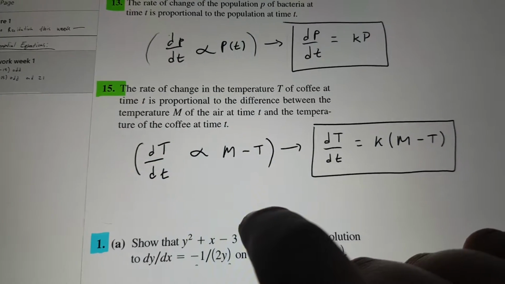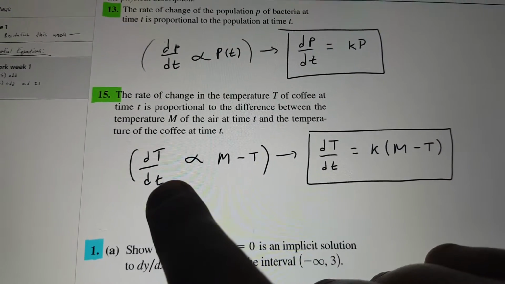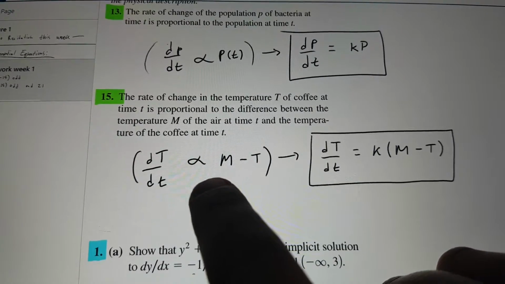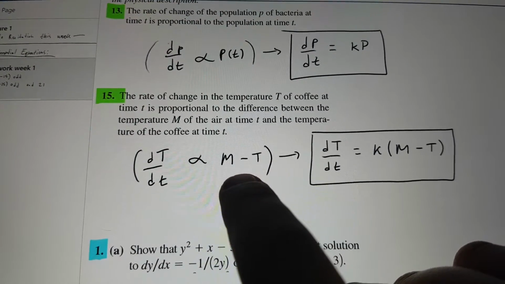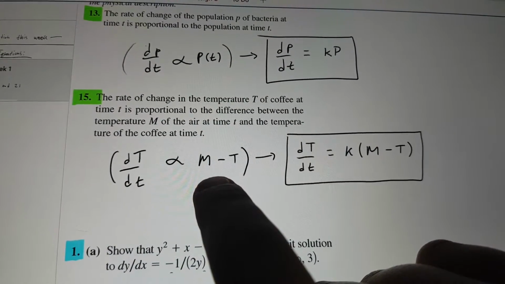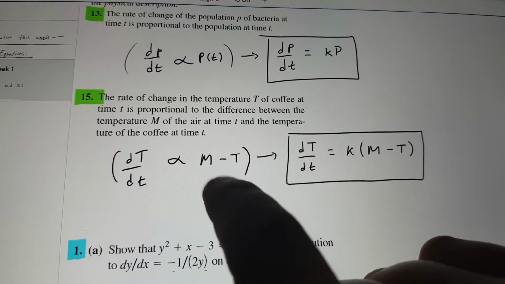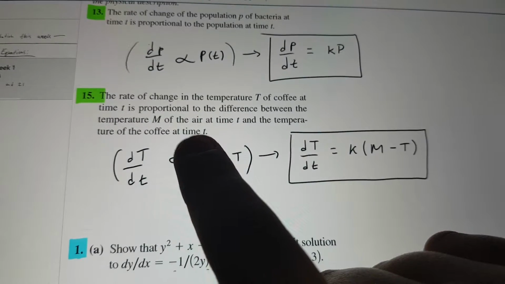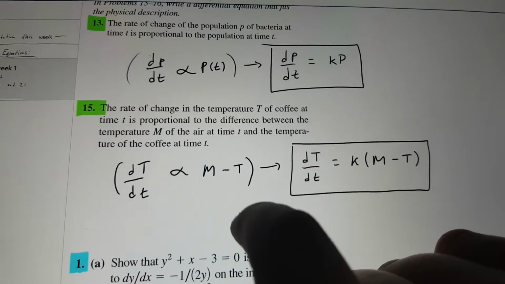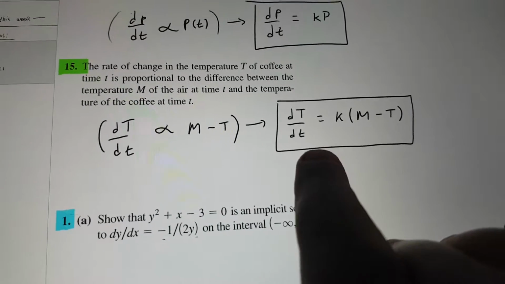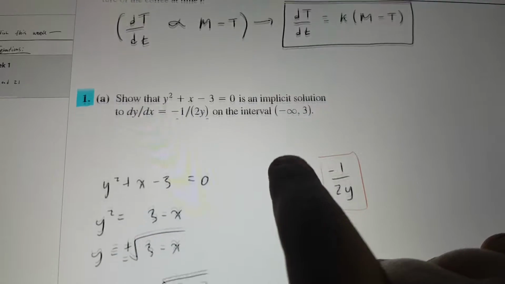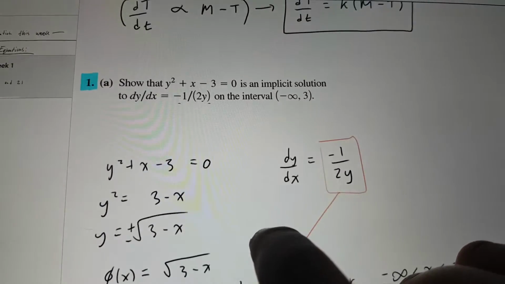So the rate of change of the temperature of coffee is proportional to the difference between the temperature, sorry, that's the temperature M of the air, that's M minus the temperature of the coffee. So this is going to be with this proportionality constant K. That's this first section.